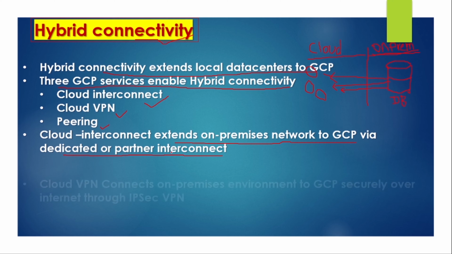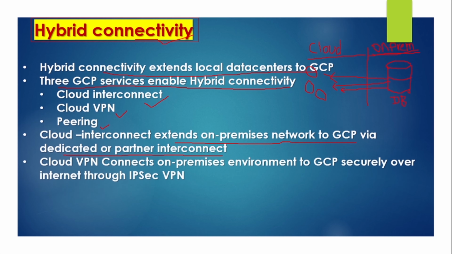All right. If you don't want to spend a lot on Cloud Interconnect and you want to achieve secure connectivity, then you can go for Cloud VPN, which connects the on-premise environment to GCP securely over the public internet. It is very economical and affordable for extending your data center to the cloud.